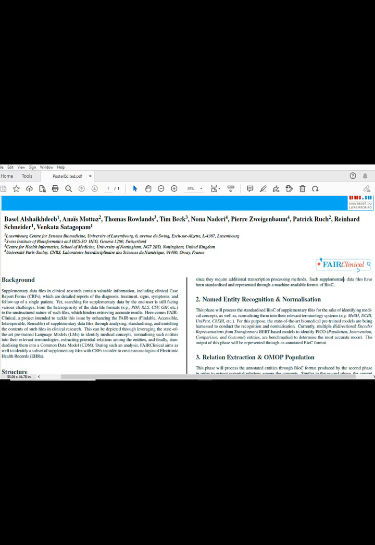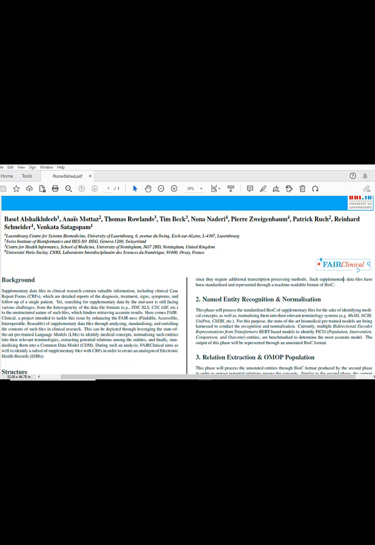supplementary data files, due to their heterogeneous nature, because they come from different data formats, including PDF, MS Word, PowerPoint, or even spreadsheets, FAIR Clinical aims to enhance the verification, findability, accessibility, interoperability, and reusability of those supplementary data files.